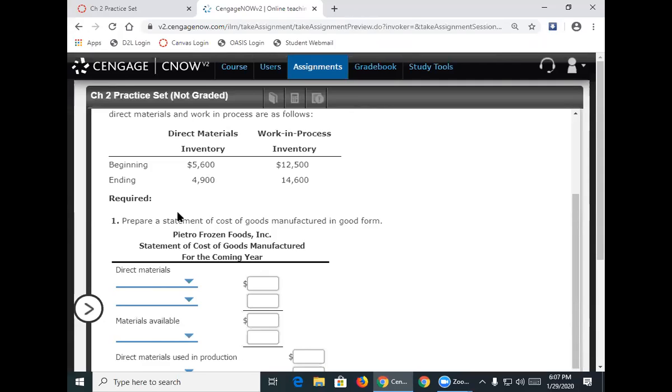So I'm going to keep track of them. When we do a later one, sometimes it just makes it make more sense, all the different calculations. So I just like to set up my accounts. Materials. I think all we really need are materials and work in process for this one.